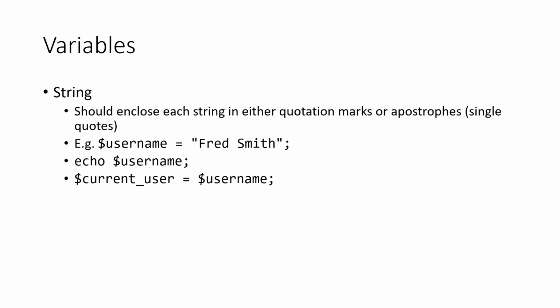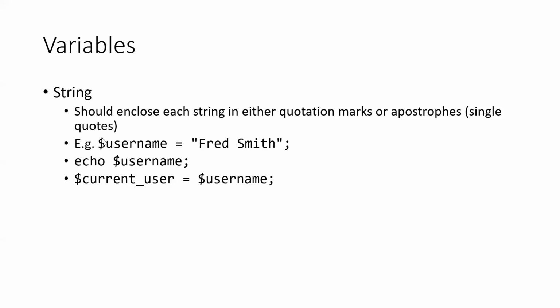Then strings. Remember the very first thing is printing something, that we put echo, and then we put anything within the quotes. Now we can actually use this to create a variable name. For example, here the variable name in PHP starts with the dollar mark.